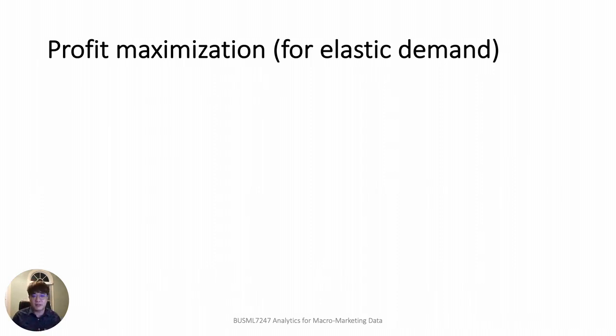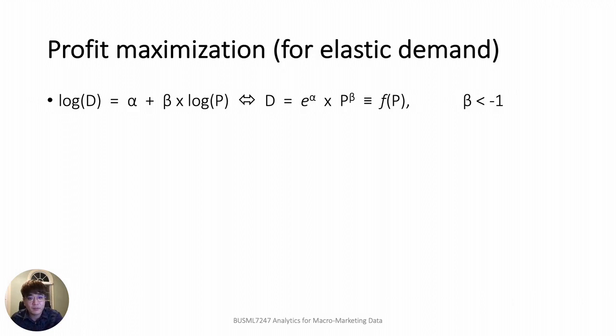For the elastic demand case, an interesting question is to find the price where the profit is expected to be maximized. As shown before, the log demand model can be written as D equals e to the alpha times P to the beta. We call this a demand function with price as the function argument.